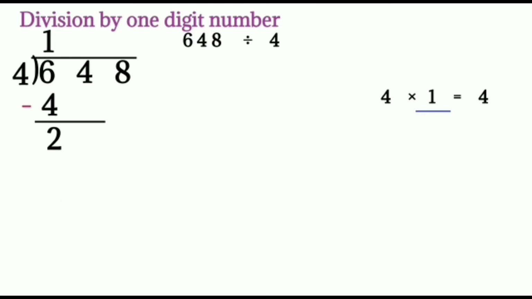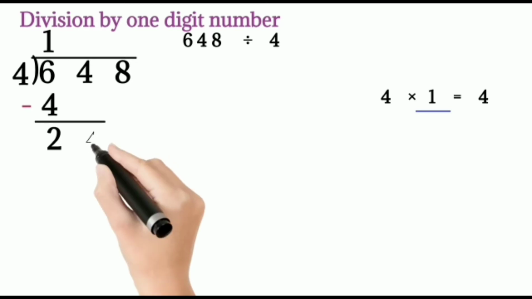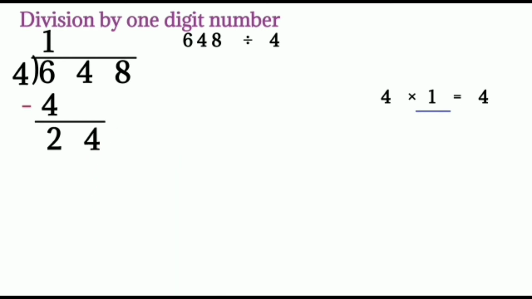Then we bring down the next digit of the dividend, that is 4. We get 24. How many 4s can we take from 24? 4 sixes are 24. Write 6 in the quotient and 24 below the 24, then subtract.